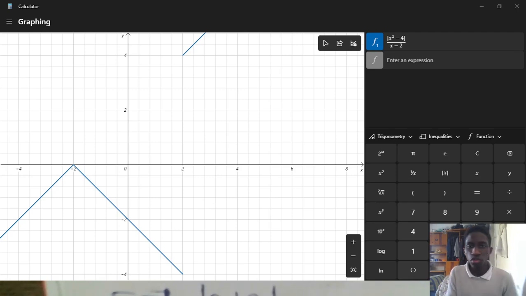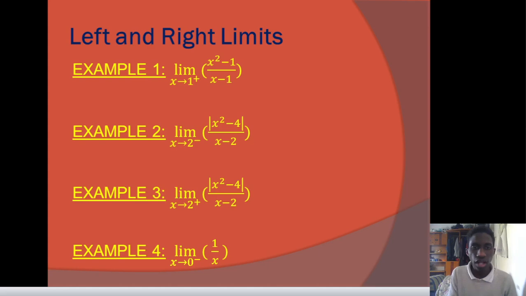So we can move on to our last example for this video, which asks us to evaluate the limit of 1 over x as x approaches 0 from the left. The minus sign here means left, so we know what we are dealing with.